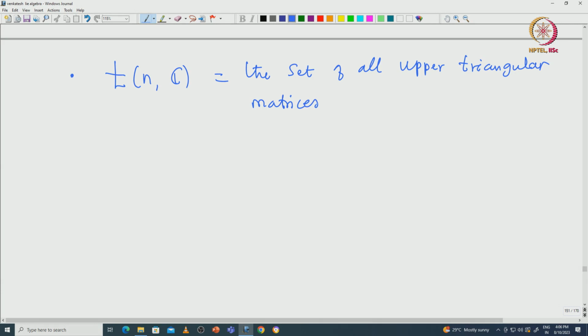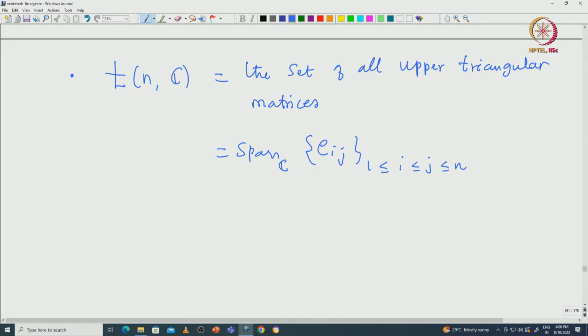It is not hard to see this is spanned by the elements E_ij, the elementary matrices, such that 1 less than or equal to i less than or equal to j less than or equal to n. With this restriction you get the spanning set.